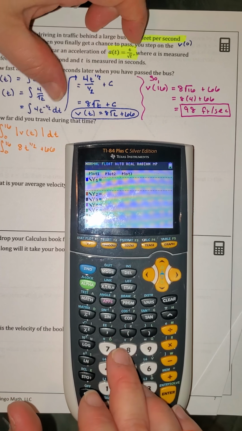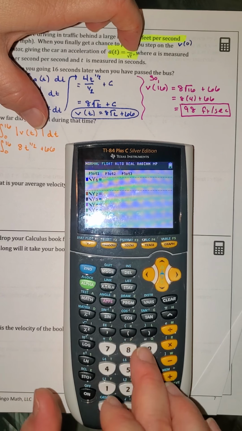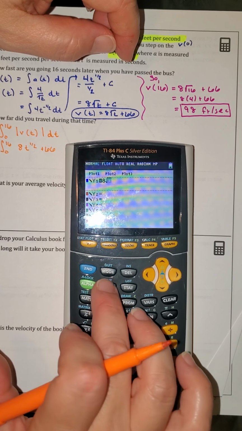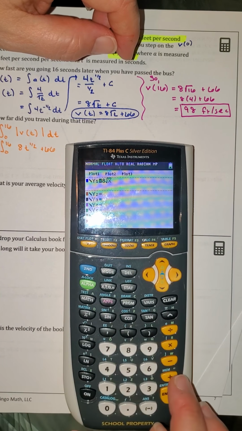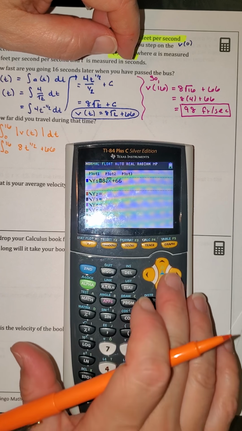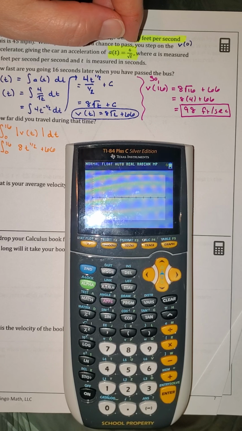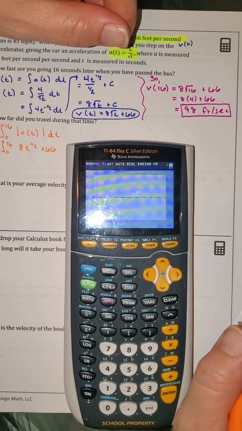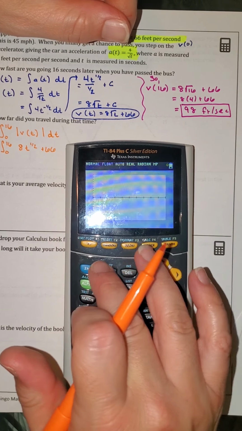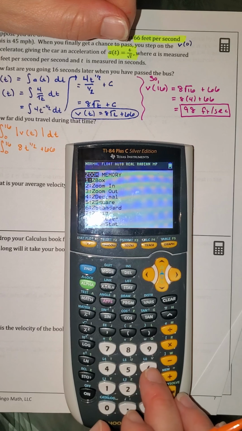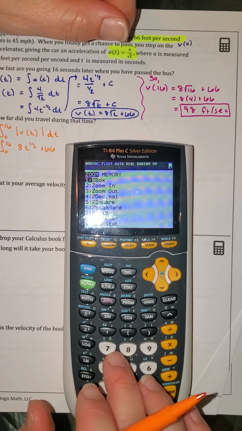Let's see, we have 8 square root of x plus 66. Let's just use Zoom Fit.